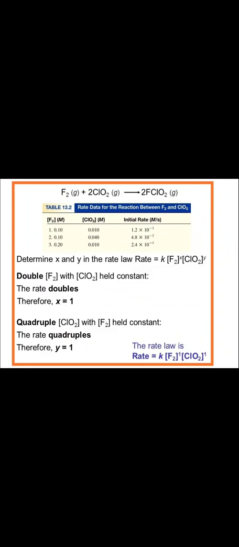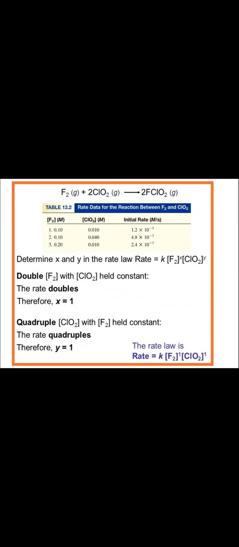Let us see the first and second setup, where the concentration of fluorine remains constant and that of ClO2 changes by 4 times. Then the rate also changes from 1.2 into 10 raised to minus 3 to 4.8 into 10 raised to minus 3, that is 4 times.